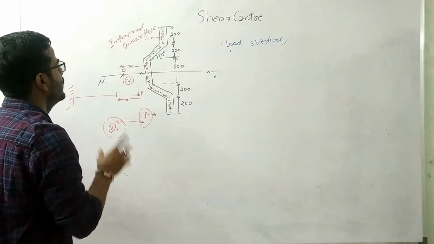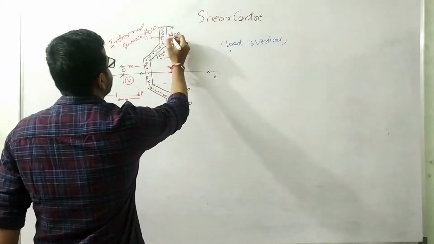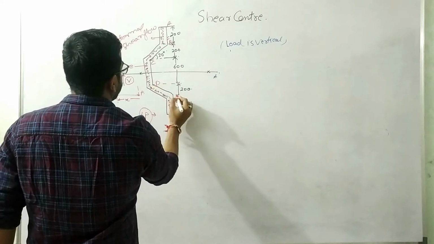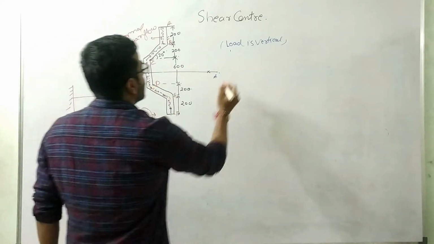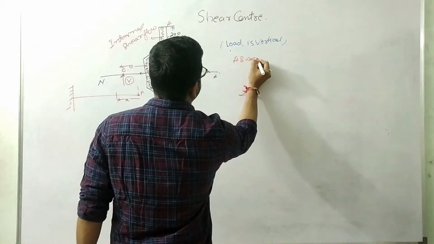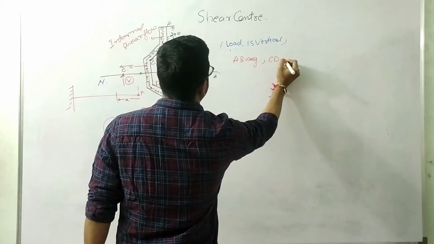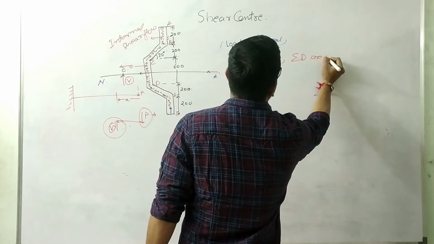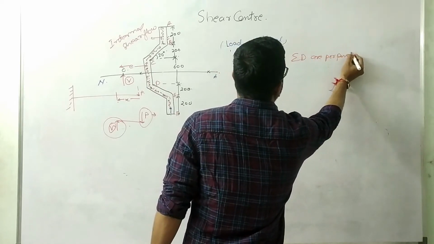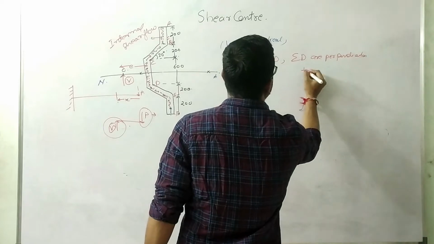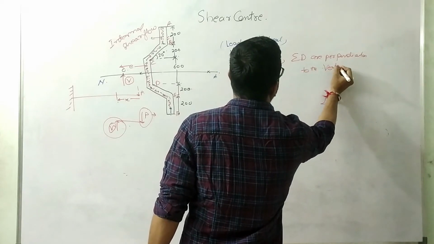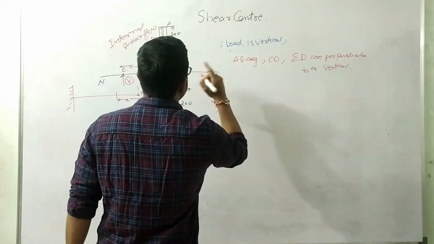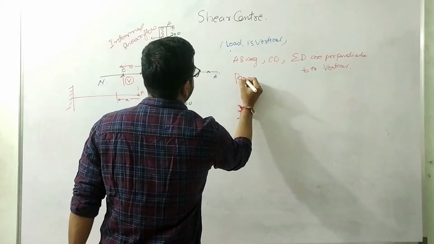So now let us calculate. As you can see, the segments are A, B, C, D, E, and F. The AB segment, CD segment and ED segment are perpendicular to the vertical load, so the variation of the shear stress will be parabolic.